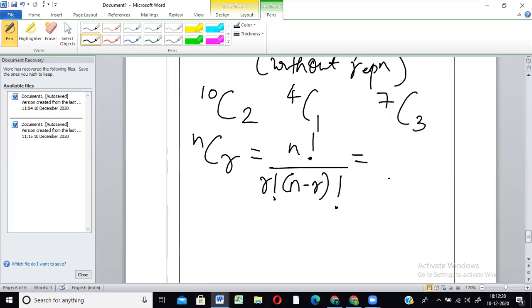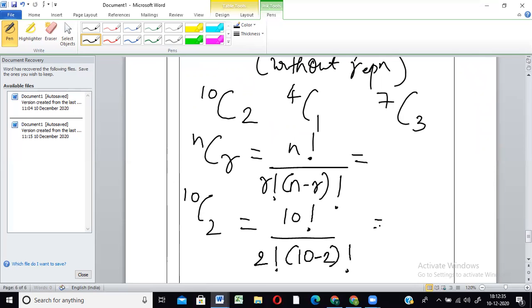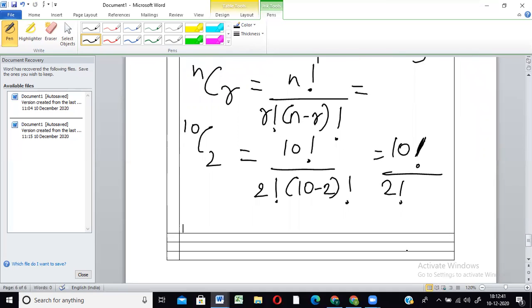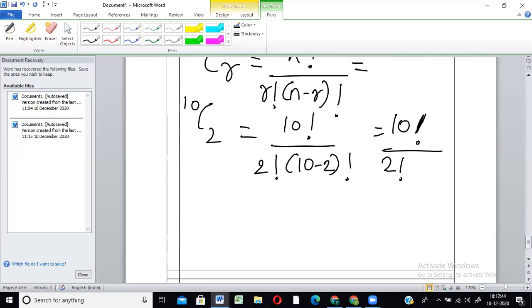Suppose, for example, we are calculating the value of 10C2. We can clearly see from the question the value of n is 10, the value of r is equal to 2. So we will accordingly substitute. This is 10 factorial upon 2 factorial into 10 minus 2 factorial, which is nothing but 8 factorial.